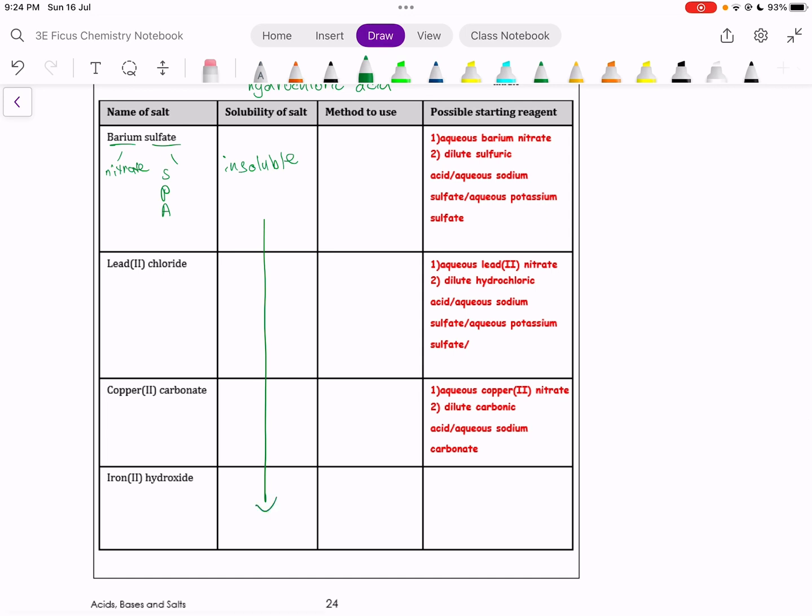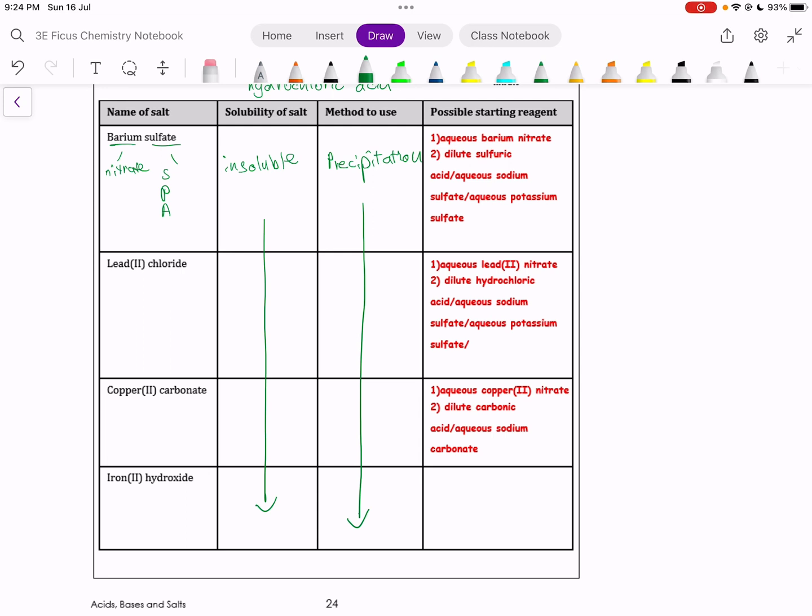The method that you use is definitely precipitation. Later on when I jumble everything up, it's harder, but because I go method by method now, it's quite clear cut.